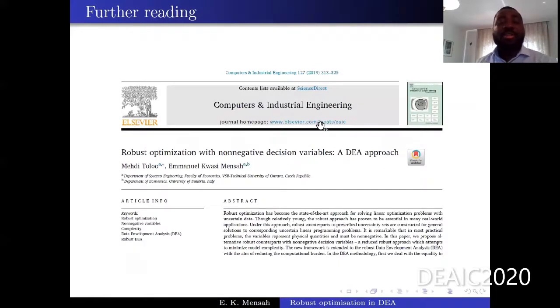So these results basically can be seen in this paper that we published in Computers and Industrial Engineering, Robust Optimization with Non-Negative Decision Variables. So if you want to see more into what we did, you can look for this paper.